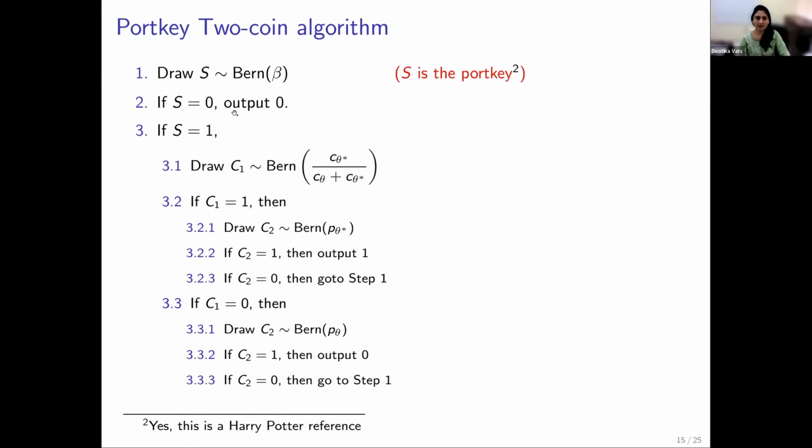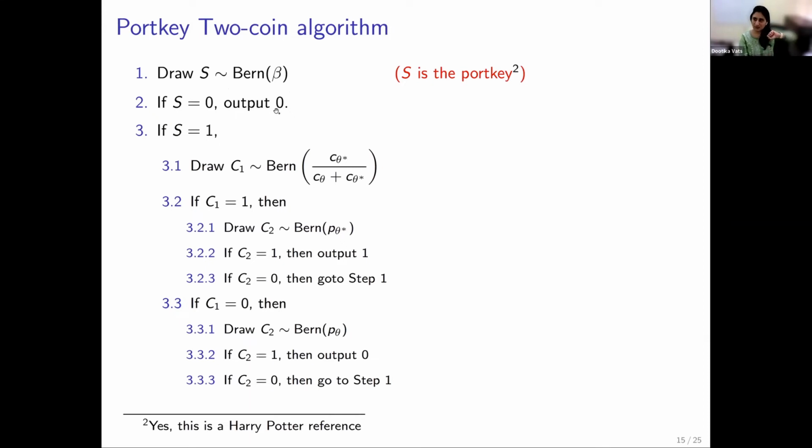Now, if S is 1, then we basically implement the original Two-coin algorithm, except the points where it loops, steps 3.2.3 and 3.3.3, it loops to our step number 1, which is drawing an S-coin Bernoulli beta. Which means that if it loops, it actually has the opportunity to immediately reject my proposal with some positive probability that is chosen by us.